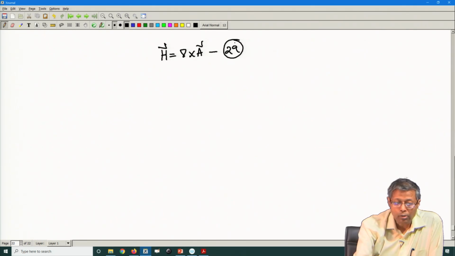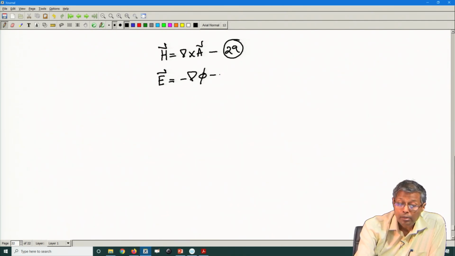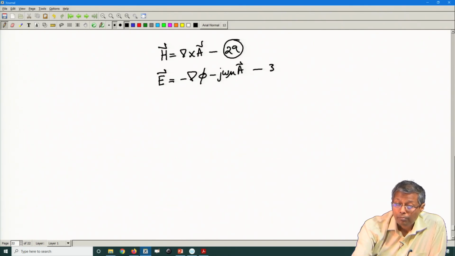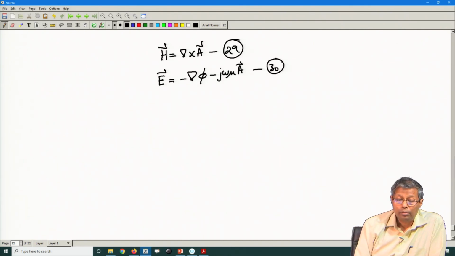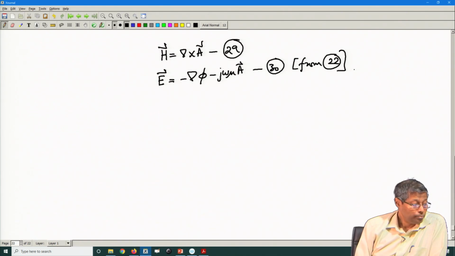The value of E is also calculated, because E is given by minus grad of phi minus j omega mu A. This we noted from 22. And A and phi are linked through 27.